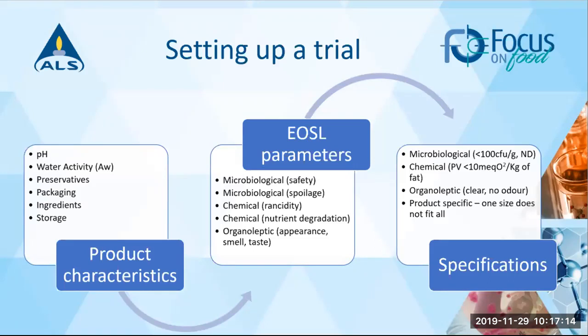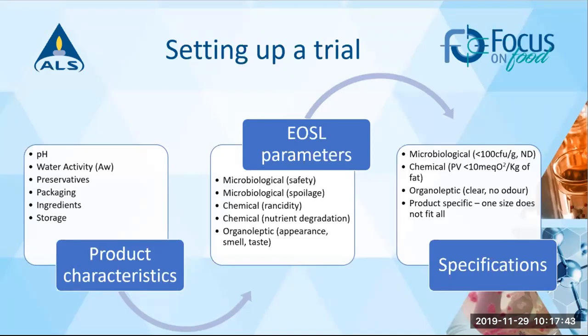Understanding the product characteristics enables us to predict a key end of shelf life parameter, which may be microbiological, spoilage or safety related. It could be chemical, for example, rancidity or nutrient degradation, or it could be organoleptic, for example, smell, taste, appearance, etc. Does the product look like it should after 3 months?